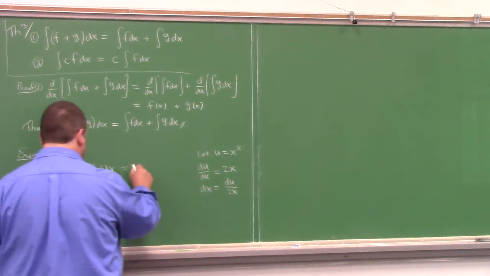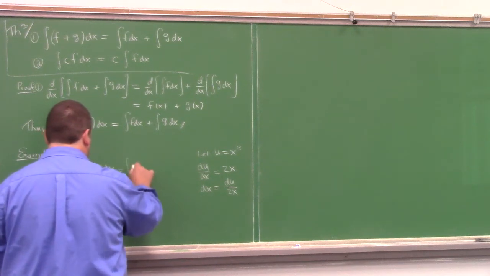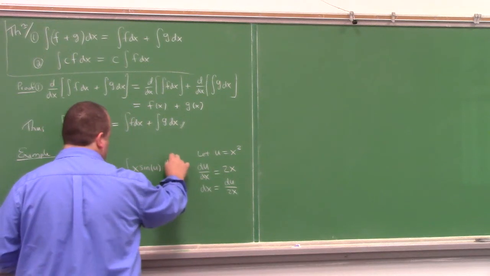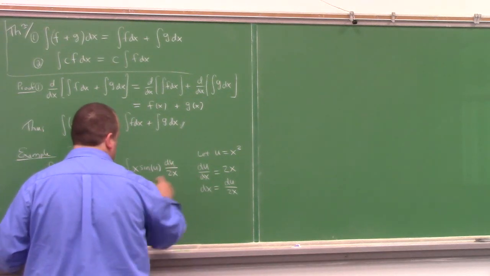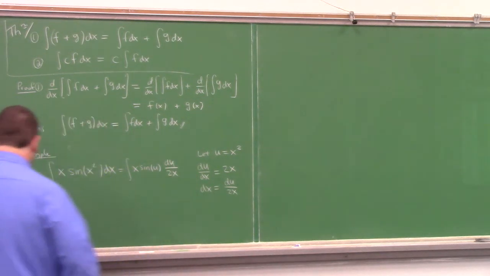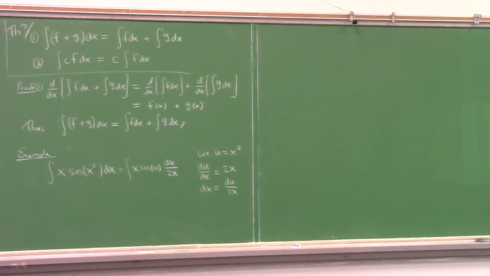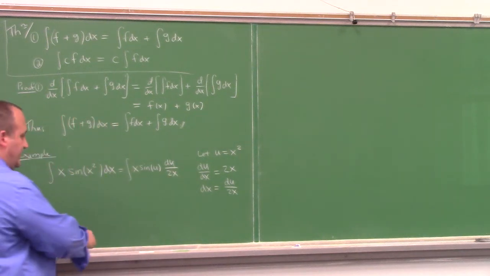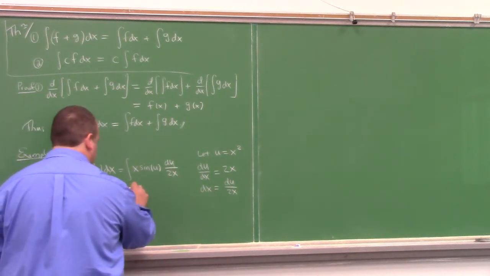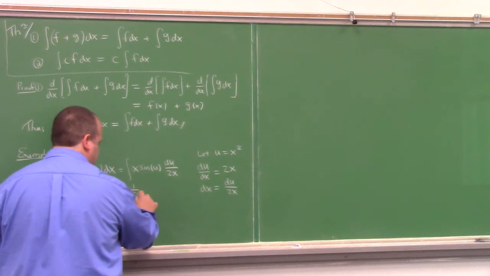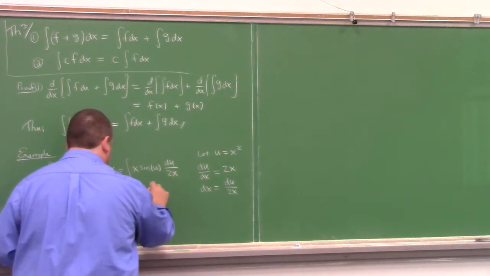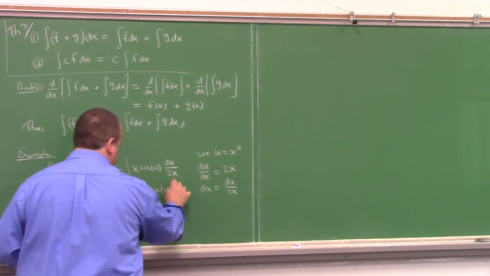And so this is the integral of x times the sine of u times du over 2x. So check it out. The x's cancel. And we're just left with 1/2, because we can pull a constant out. That's property 2. Pull the half out, integral of sine u du. What's the integral of sine u du?